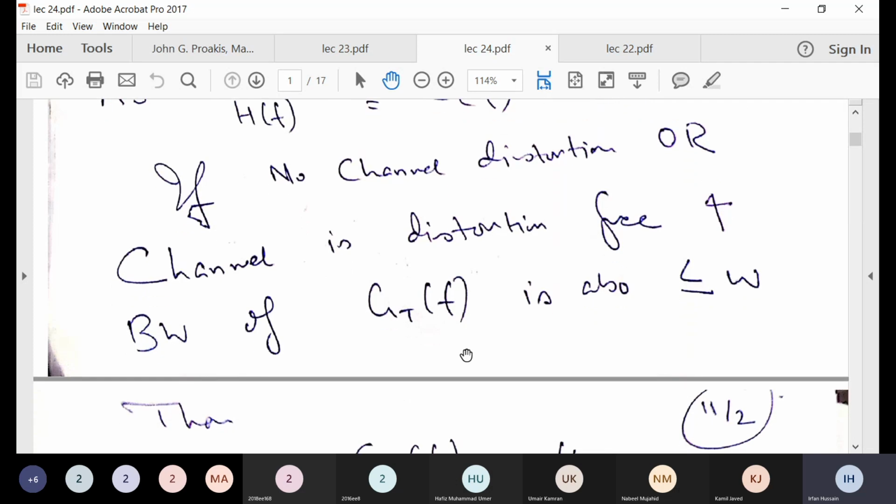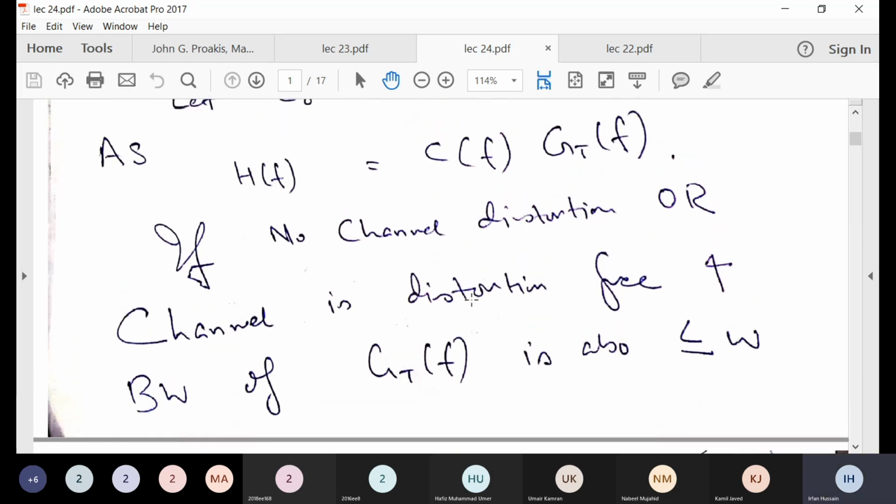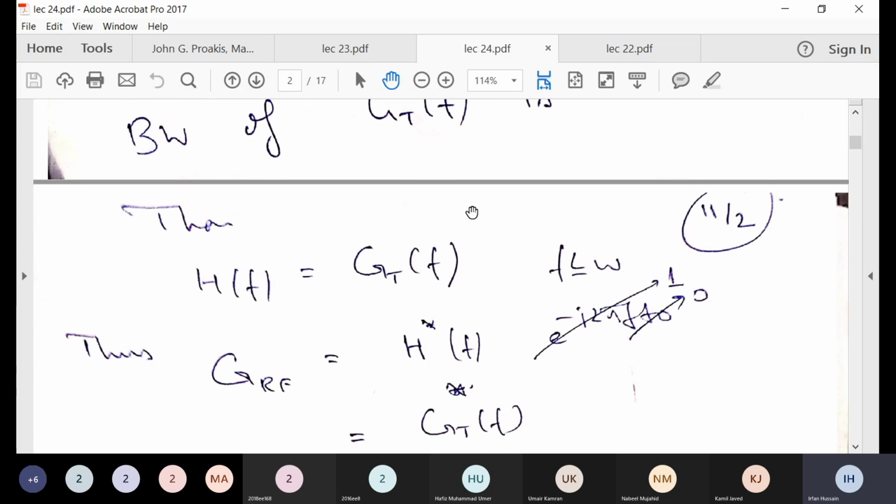And so the bandwidth of the signal, which is governed by G_T(f), for our case is less than the bandwidth of C(f). So this means your whole signal is actually transferred or passed through C(f) without any distortion.